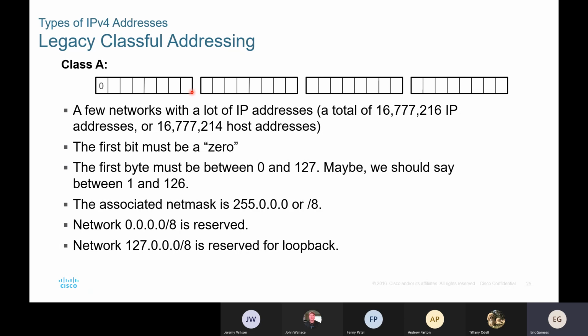You will fill it with what? Of course, 0s. If you fill it with 0s, you will have the minimum value. And if you fill it here with 0s, what will be the value of this byte? 0. So the first network starts with 0 in the first byte.